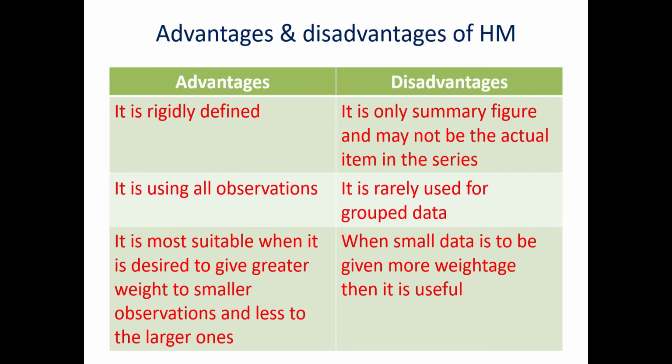It is a weighted mean. Disadvantage: it is only a summary figure and may not be an actual item in the series. Very important: it is rarely used for grouped data. When small data values are to be given more weightage, then it is useful. So that is how to decide which data is to be given more weightage in our calculation.